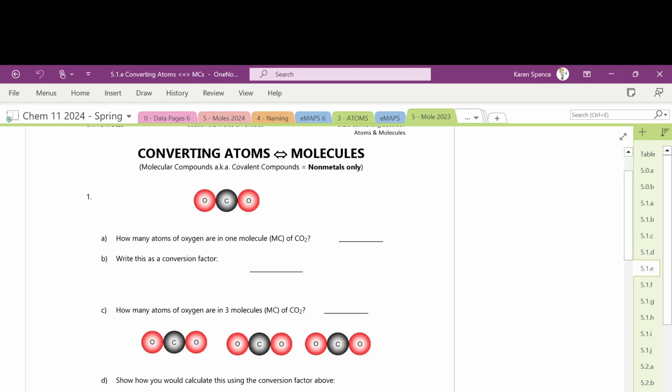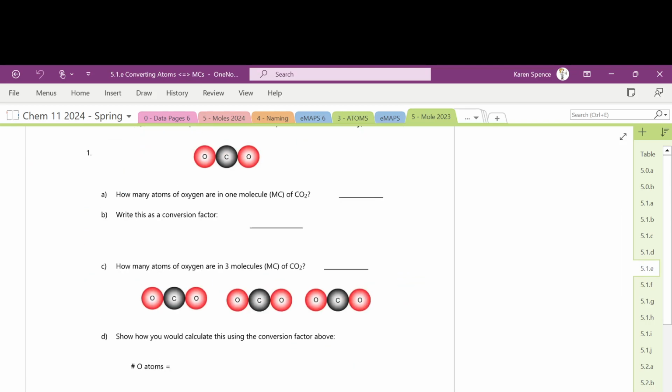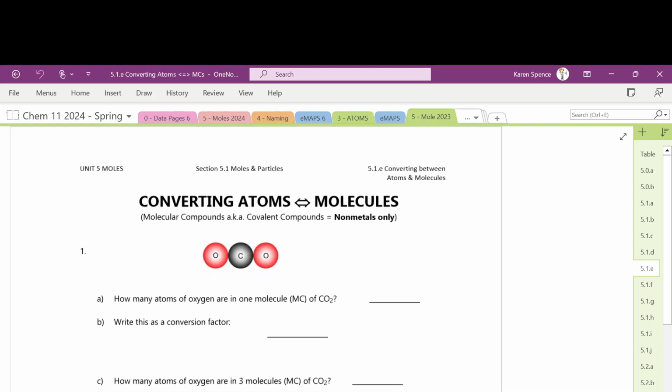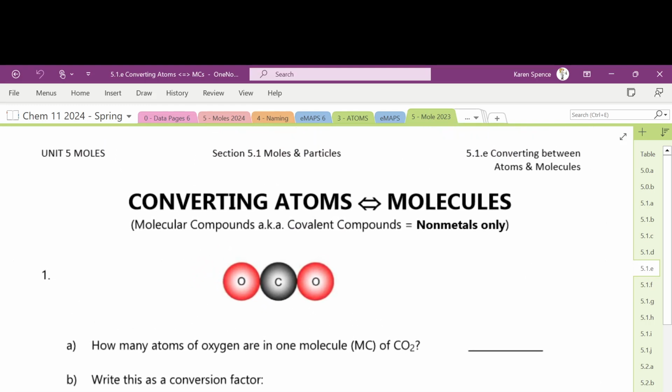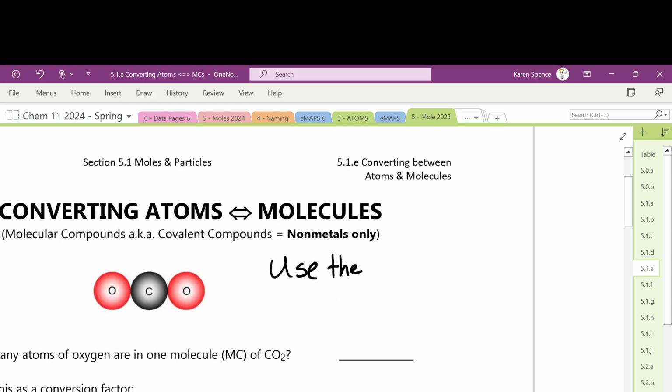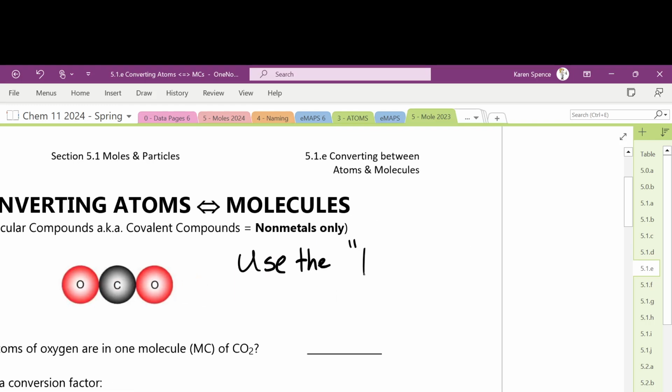Now we're going to move on to page 14, and we're going to be looking at converting atoms and molecules. When we convert between atoms and molecules, we use what we call the particle ratio.